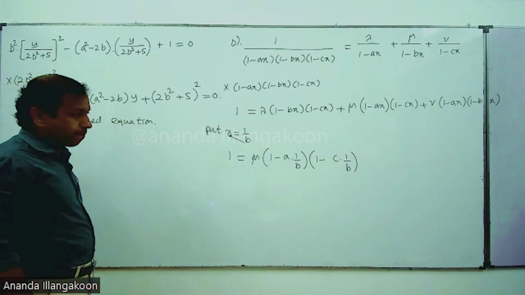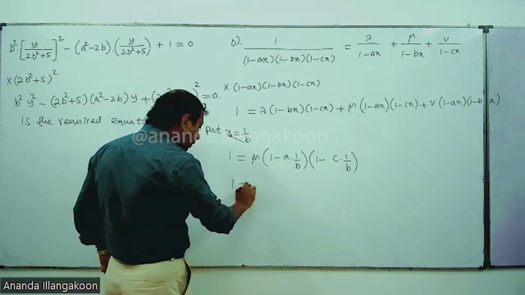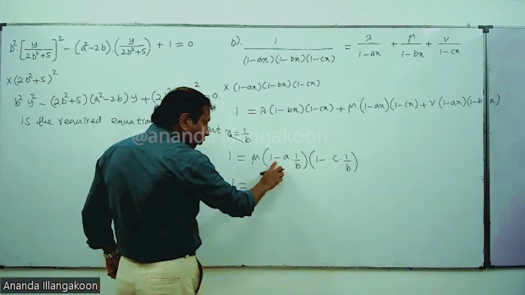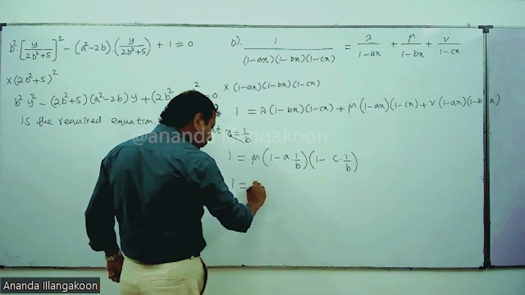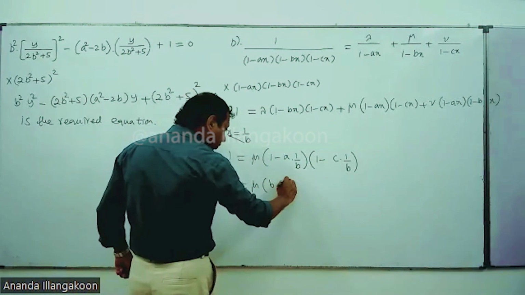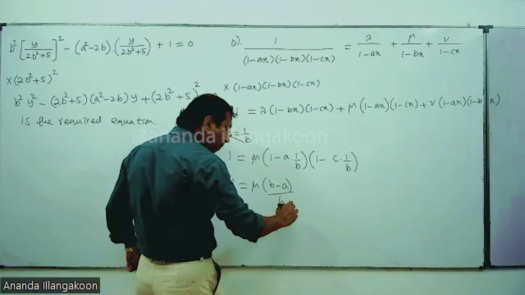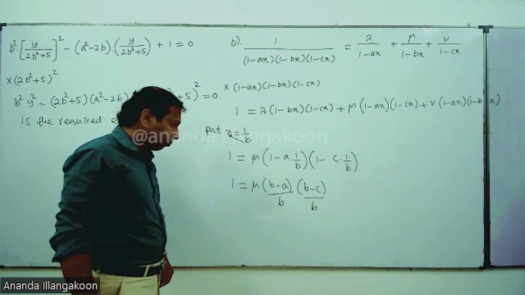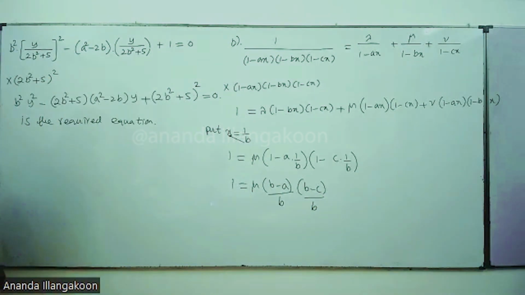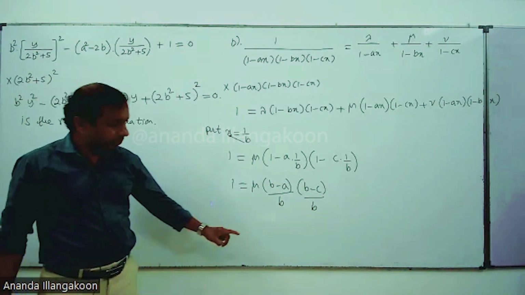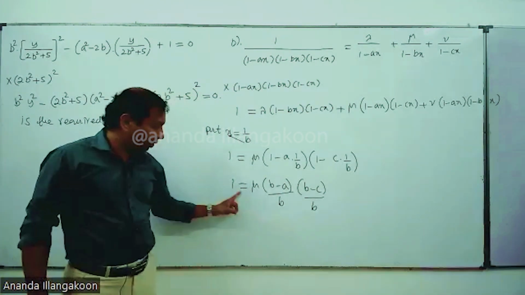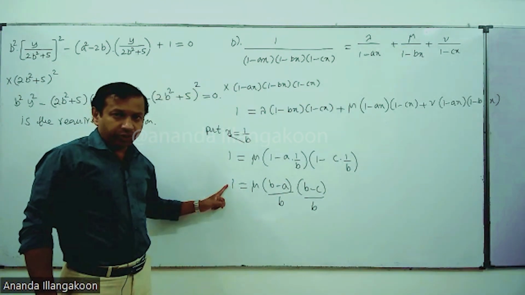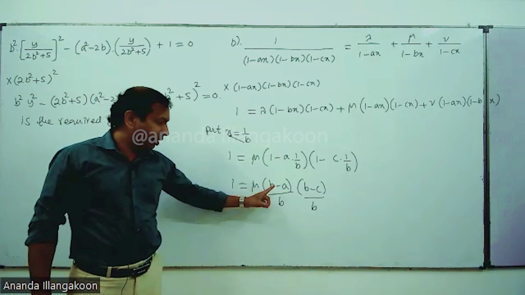Then we'll take the common denominator as b: b minus a upon b, b minus c upon b. Okay, no? Right now, b and b squared, bring that here: b squared into 1, b squared divided by this product.